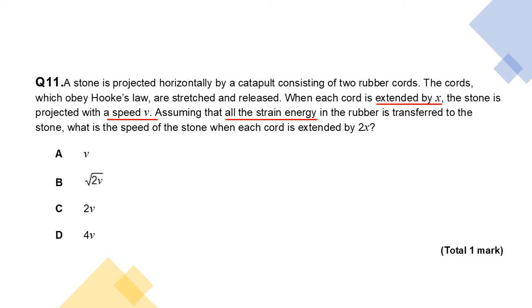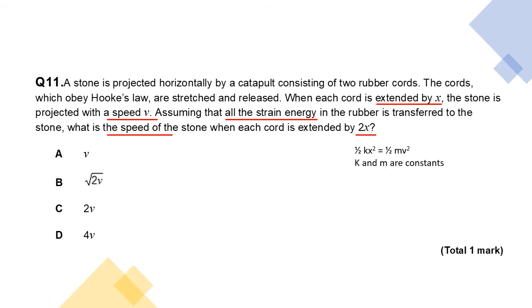So they are asking us to relate strain energy and kinetic energy. You know that the equation for strain energy is half kx square, and the equation for kinetic energy is half mv square. So half kx square gets converted into half mv square. K, half is constant anyway. K is a constant, m is a constant.